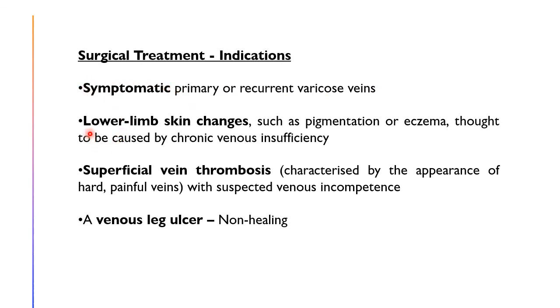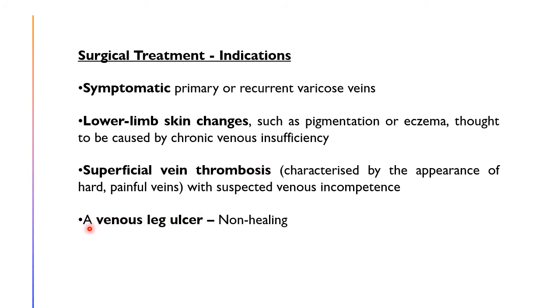Secondly, with lower limb skin changes such as pigmentation and eczema, which are thought to be due to chronic venous insufficiency. Thirdly, superficial vein thrombosis, which is usually characterized by the appearance of hard, painful veins. Okay, and these with the presence of suspected venous incompetence is another indication for surgery.